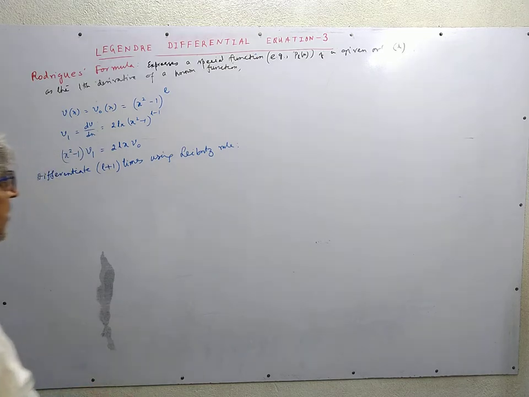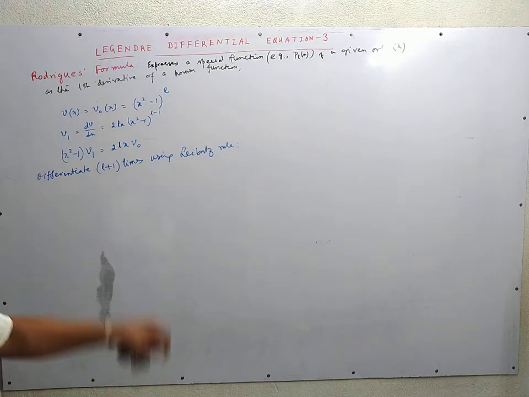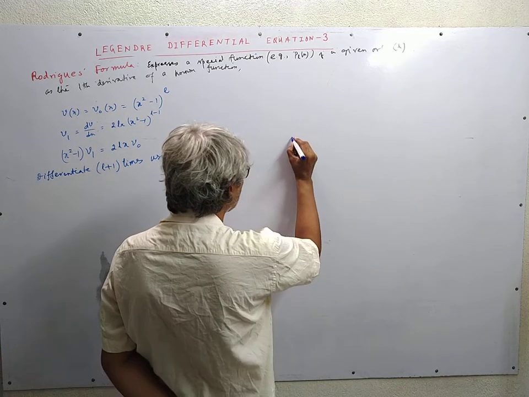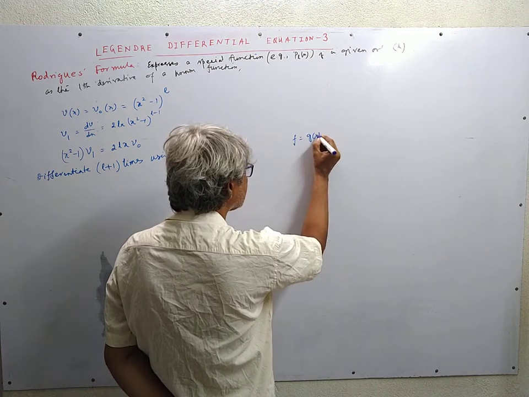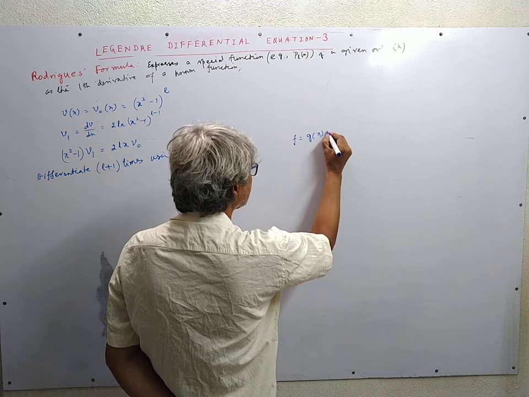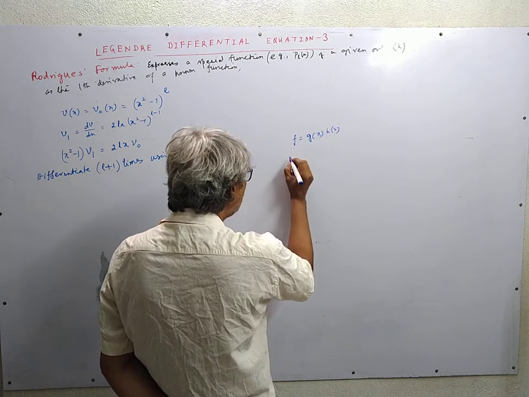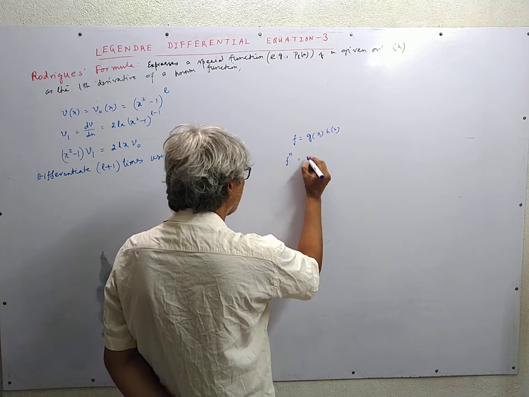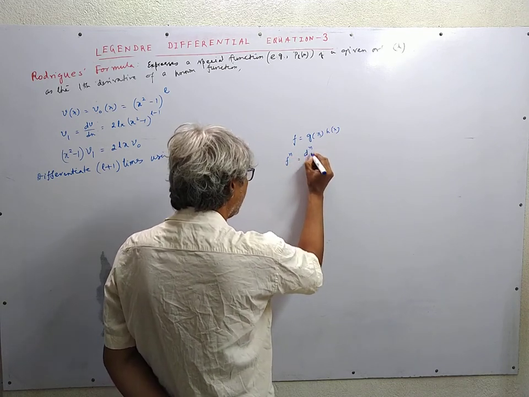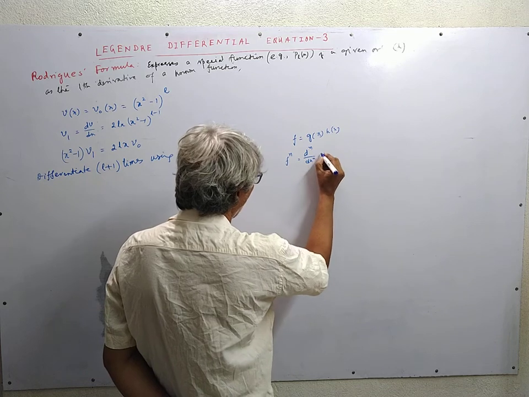Leibniz rule is applicable when we have a function which is a product of two functions. Let f of x is equal to g of x times h of x. You need to calculate fn of x, that is the nth derivative d^n/dx^n of f.